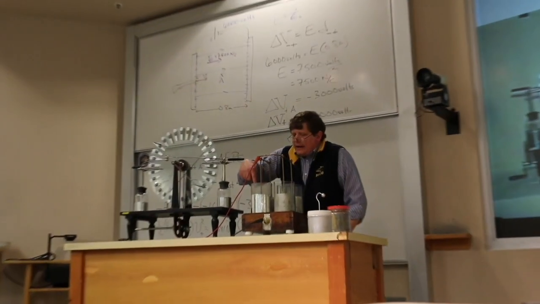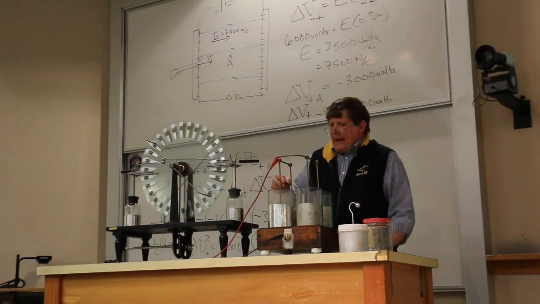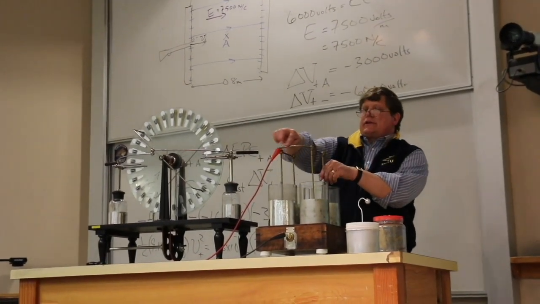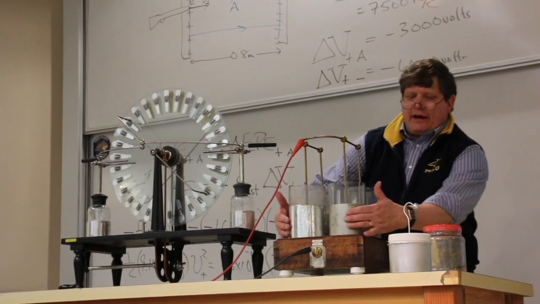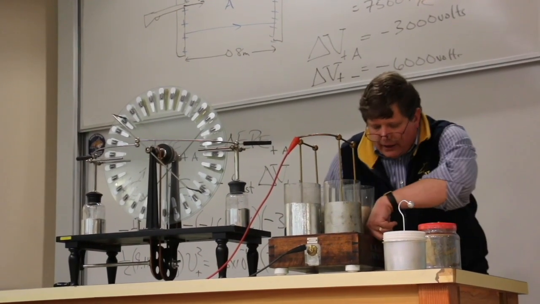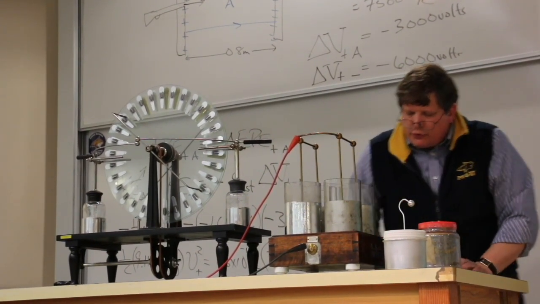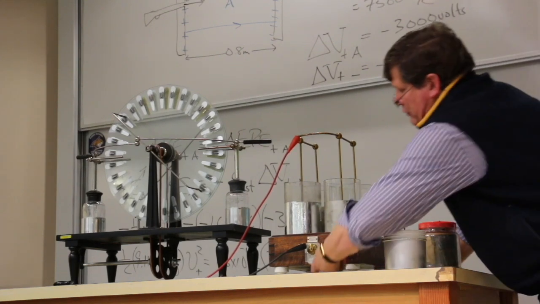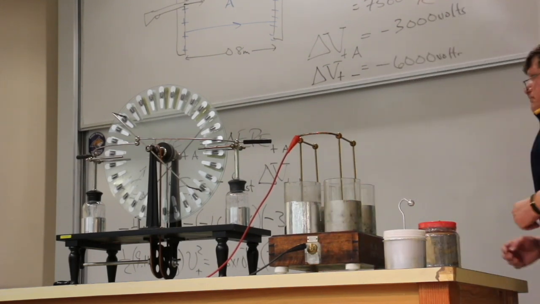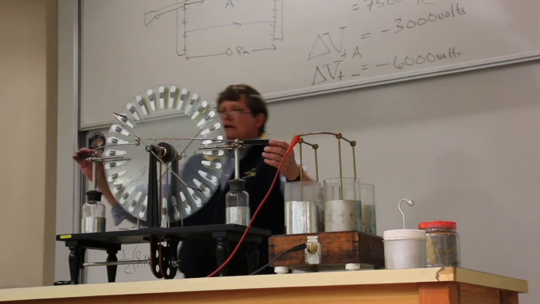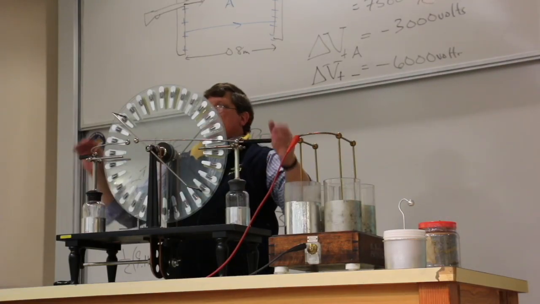On the inside I have aluminum foil, and all of that foil is connected to this structure here, electrically. On the outside I have aluminum foil, and all of that is connected at the bottom to aluminum foil, and that aluminum foil comes right up here to there. Now, the Wimshurst machine you've seen before, it separates charge.